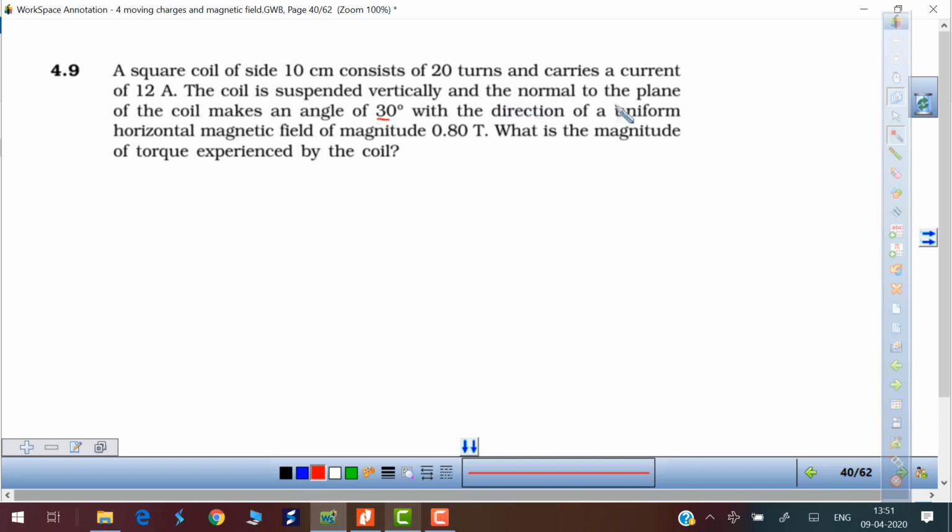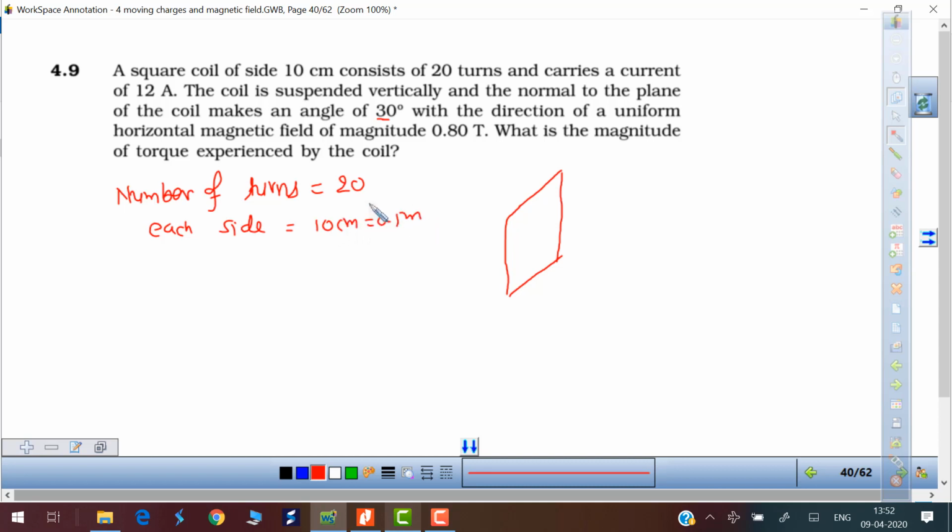It means that this is our coil, 10 by 10 centimeter, 20 turns. So the number of turns is equal to 20, each side is 10 centimeter, so L is equal to 0.1 meter, and the current I is equal to 12 ampere.